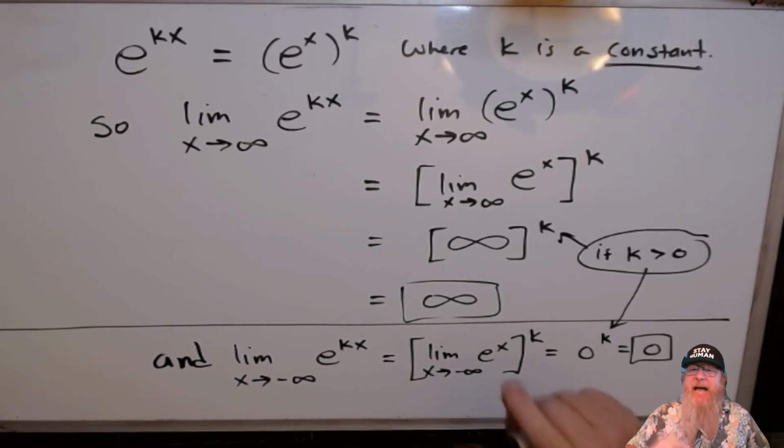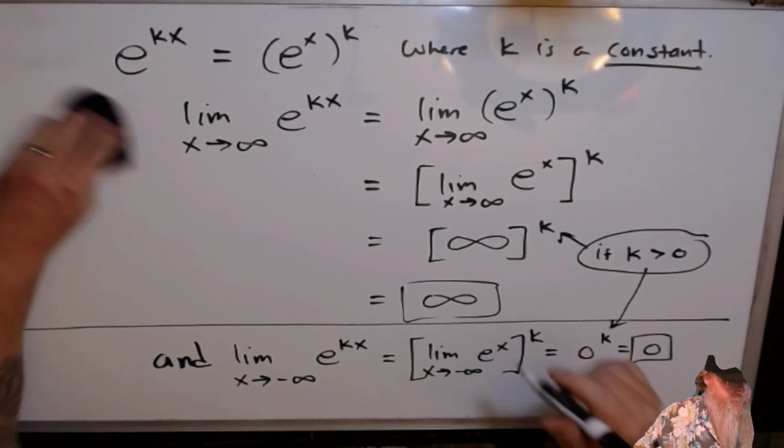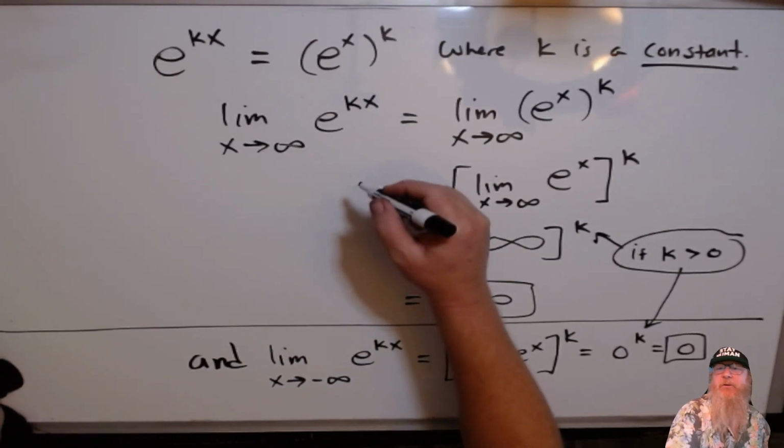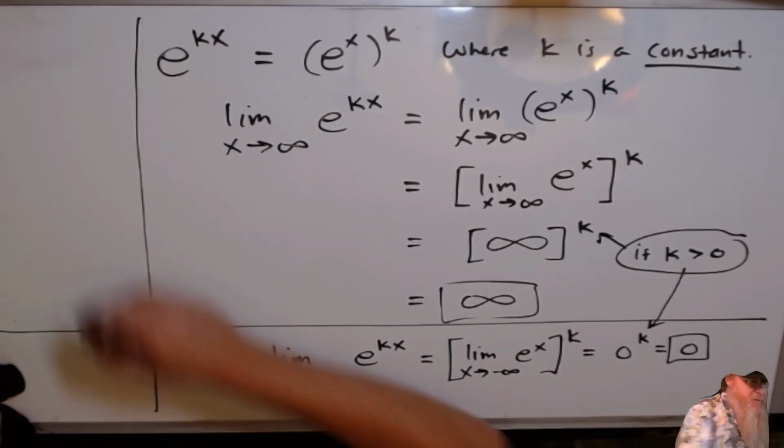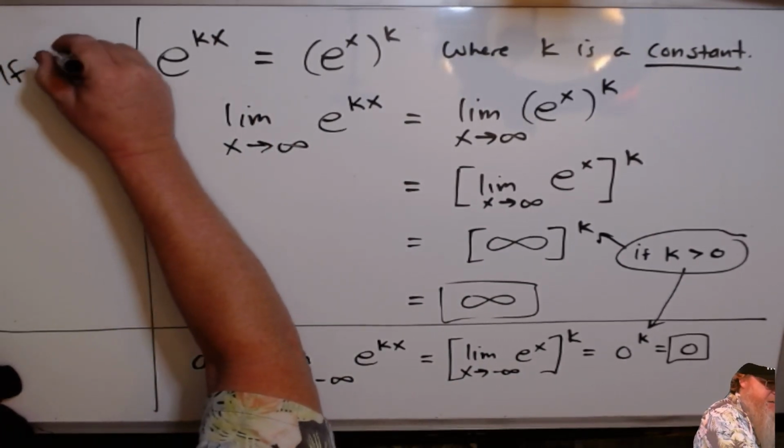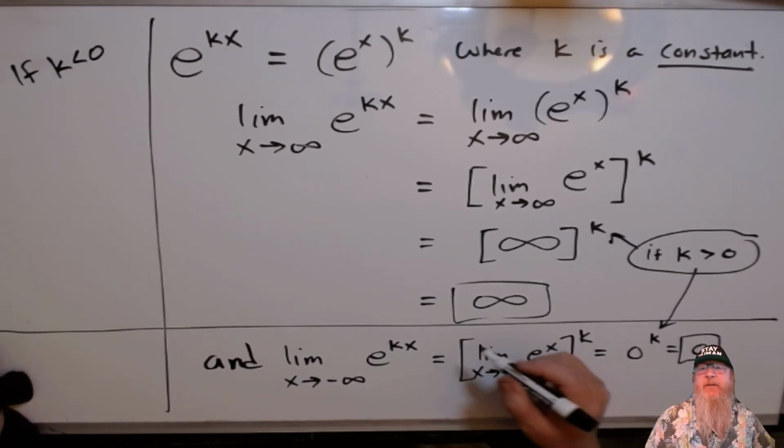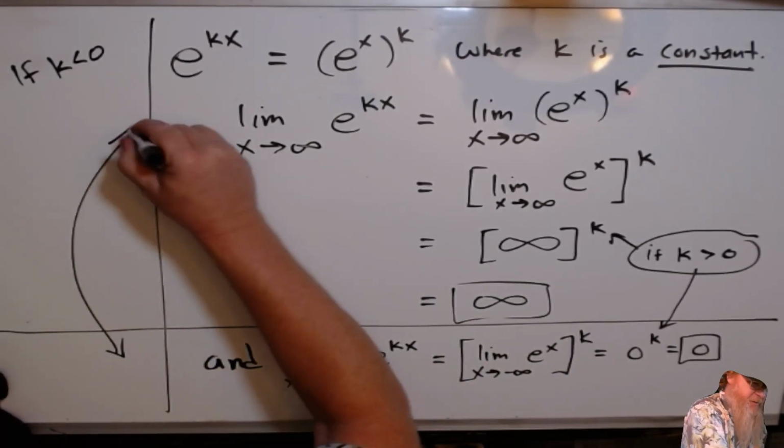If k is less than 0, I got room over here, I'll just put a little note. If k is less than 0, then these are reversed.